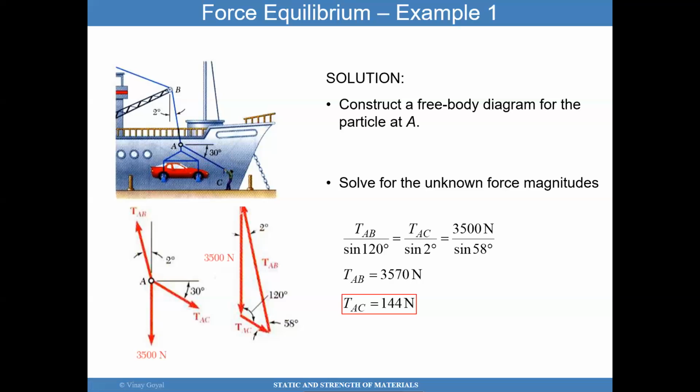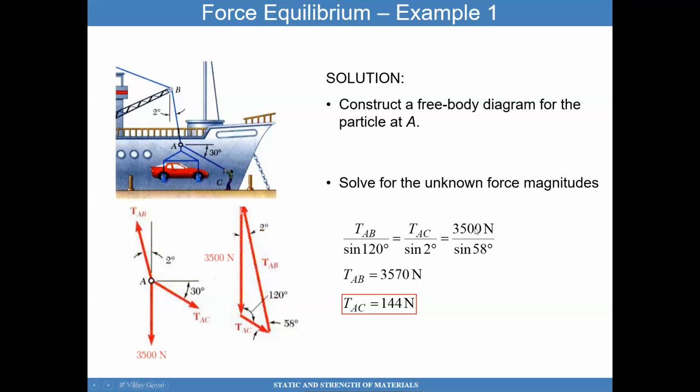So then what do I have? I can use the law of sines and have TAB, this magnitude, divided by the sine of this angle, and this angle is 120 degrees. I make that equal to TAC, this magnitude here, divided by the sine of this angle of 2 degrees, which comes from the 2 degrees here.